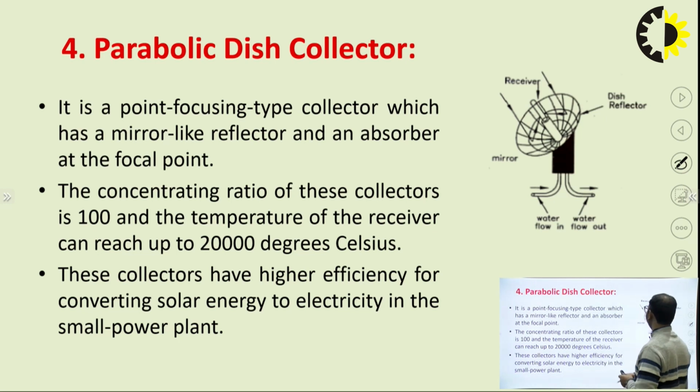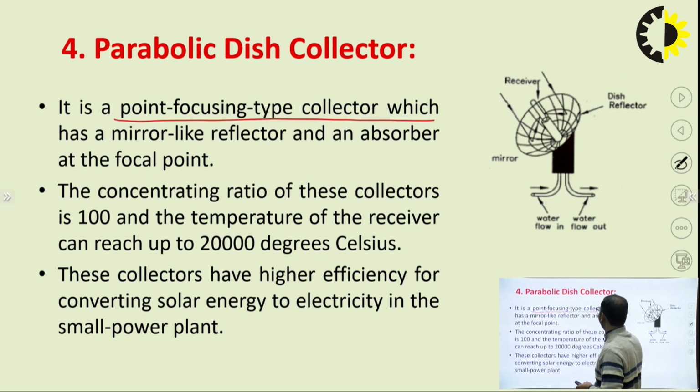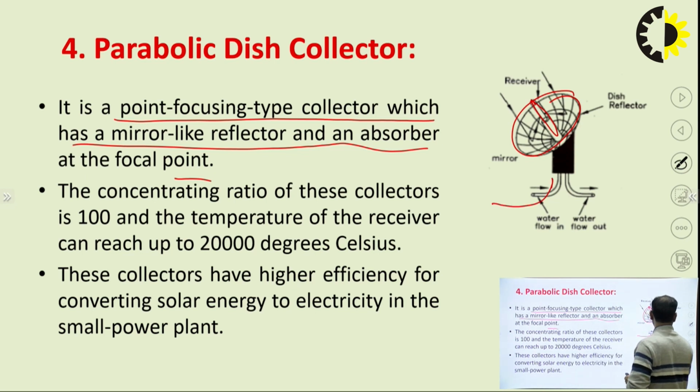Now the fourth one is the parabolic dish collector. It is also a focusing type collector. It is a point focusing type collector which has a mirror-like reflector and an absorber at the focal point. This is the dish reflector, this is the receiver, this is the water flow in, and this is the pipe for water flow out.